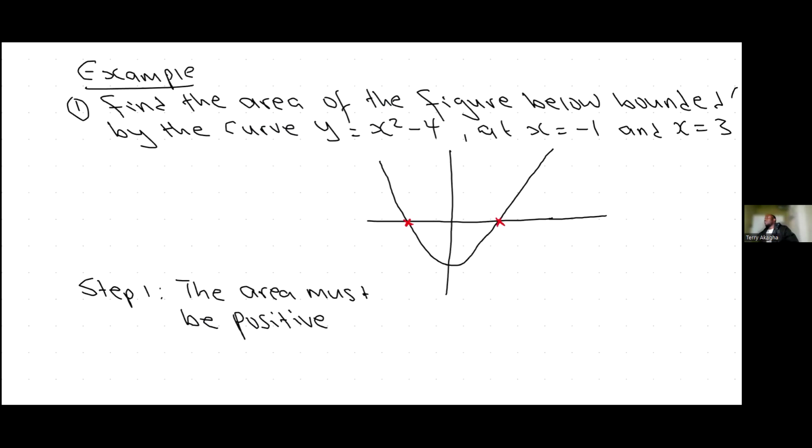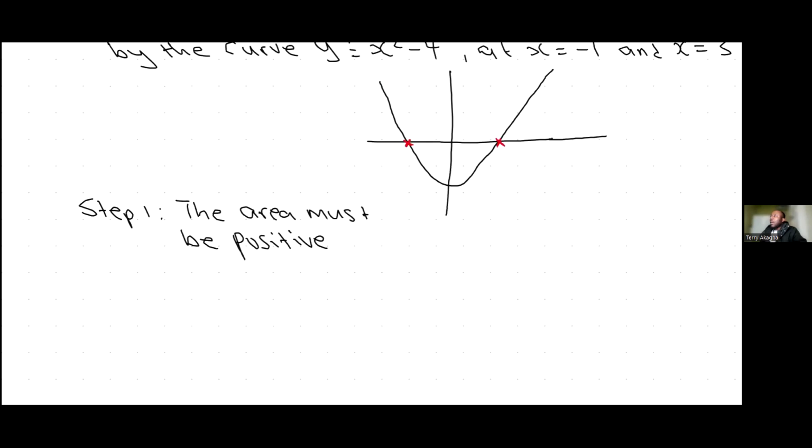Okay. So because this is y is equal to x squared minus 4, we need to find at x-intercept the roots, okay? So we have y is equal to x squared minus 4. And we know at x-intercept, because this is where it crosses the x-axis, y is equal to what? 0.